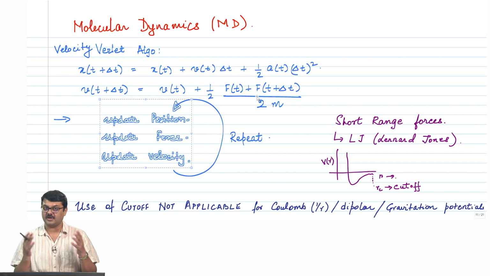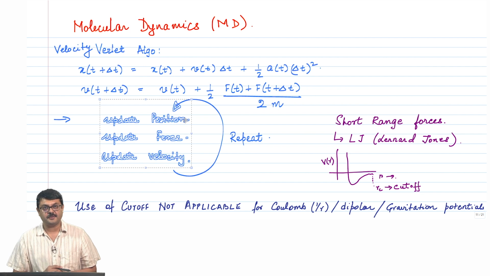The particles move around in space and they collide with each other, they bounce off each other, they move in different directions, they change positions, they change velocities, and once equilibrium is reached, one can calculate the time average of relevant statistical or thermodynamic quantities.